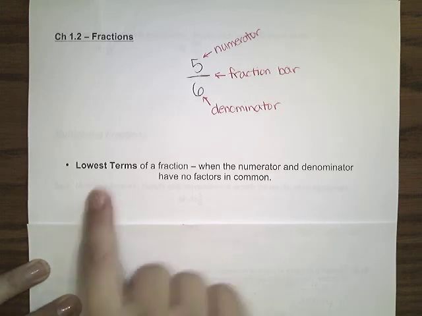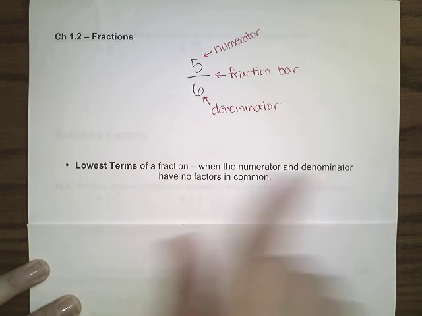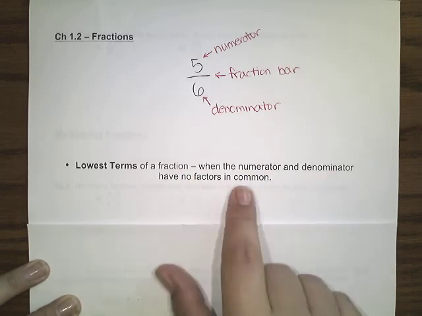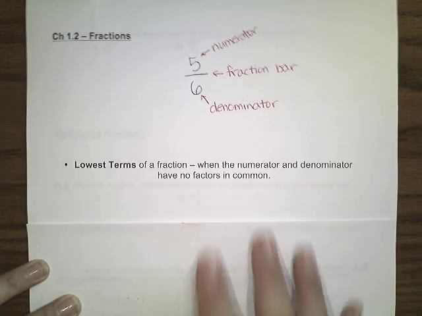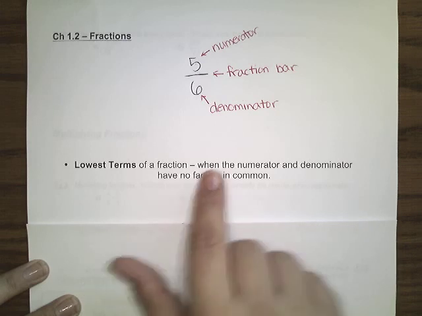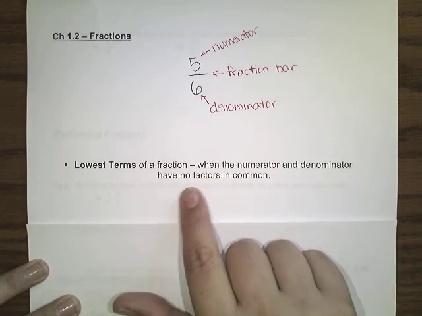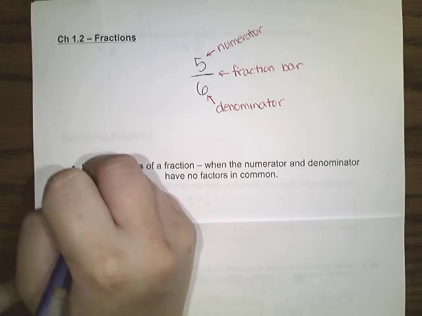Well, lowest terms of a fraction is just when the numerator and the denominator have no factors in common. Now, factors we learned from the previous class. Factors are just numbers that multiply together to make that value. So again, when the numerator and the denominator have no factors in common. For instance, we could use the value, let's say 1/2.